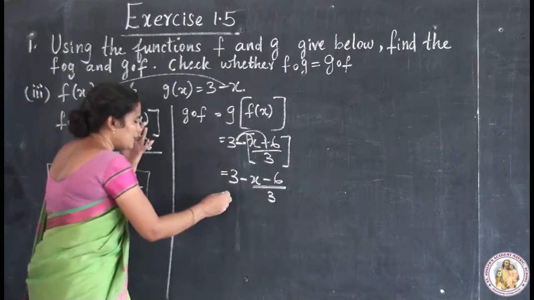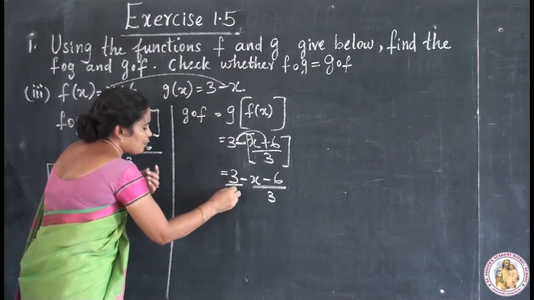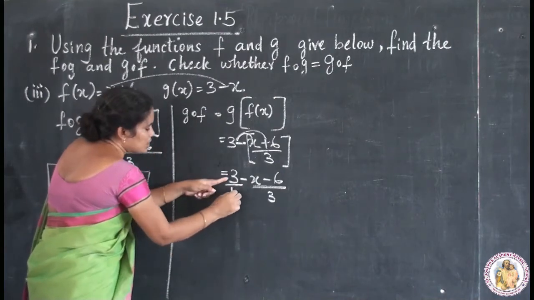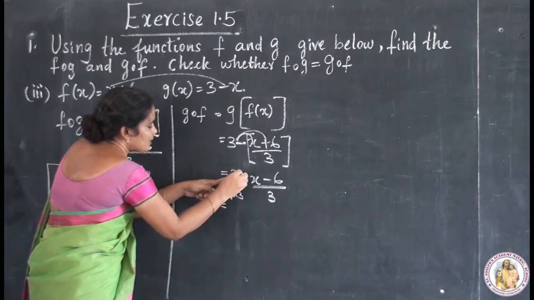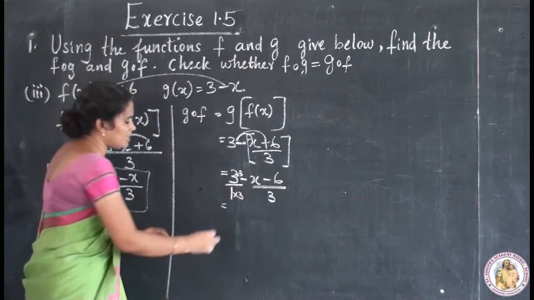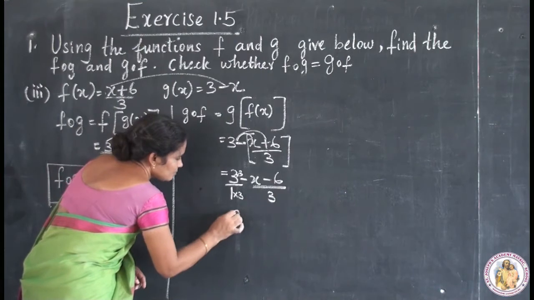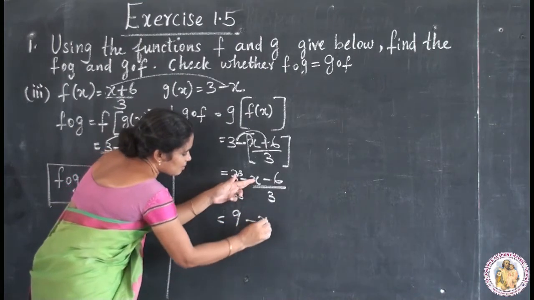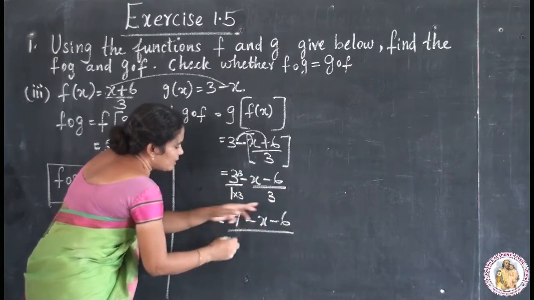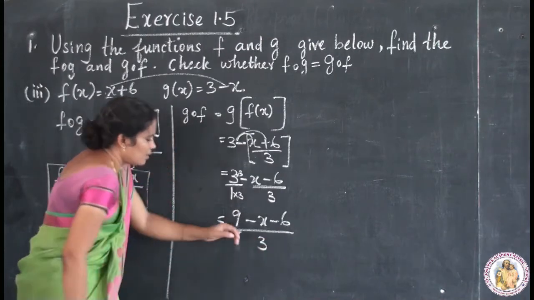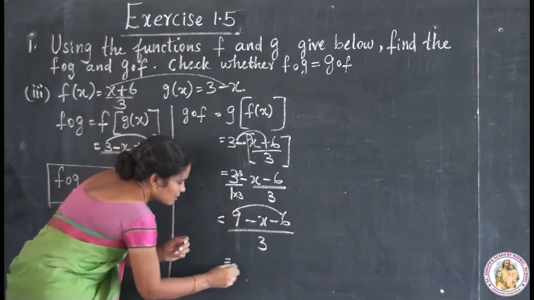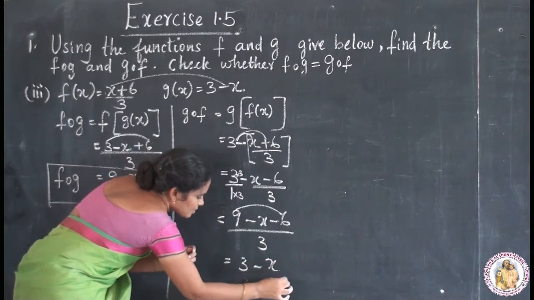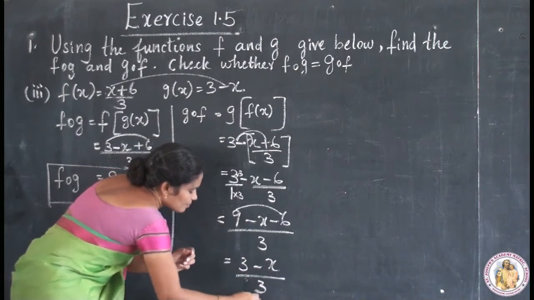To make it equal, multiply 3 also with this denominator 3, the numerator as well as the denominator. 3 into 3 is 9 minus x minus 6 divided by 3. Okay, 9 minus 6 is 3, minus x by 3.